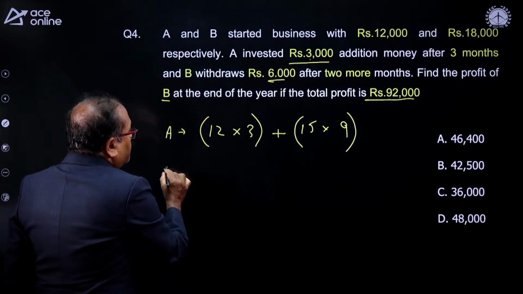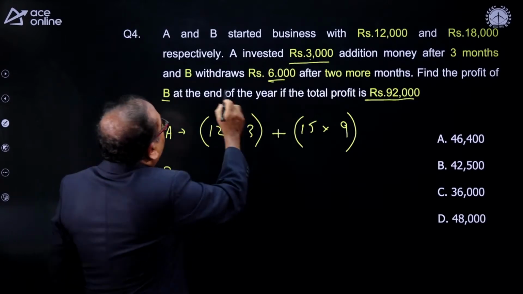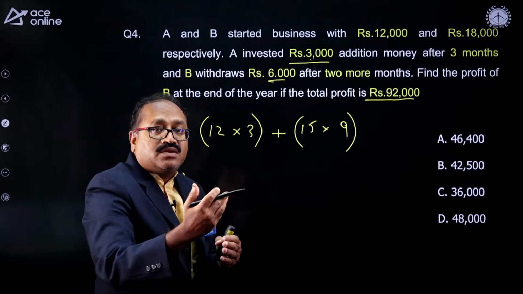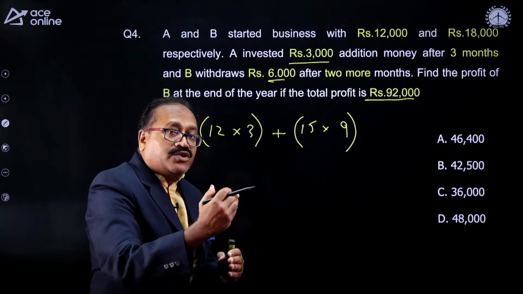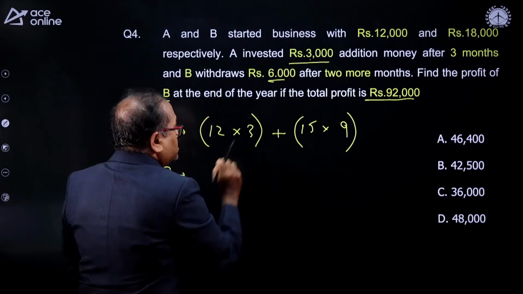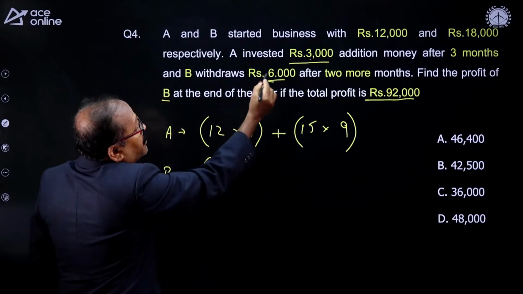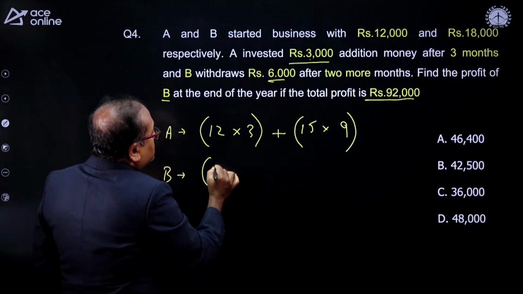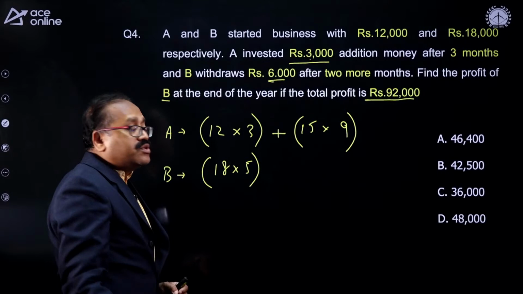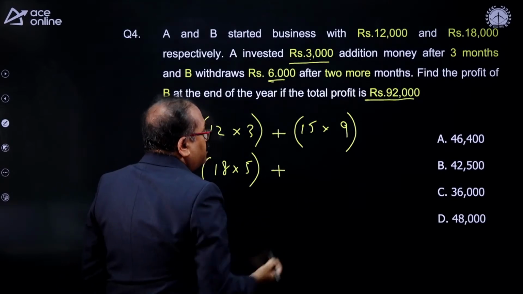Similarly, how about B? B withdraws 6,000 after 2 more months. After 2 more months, that means after 5 months, because there are 3 months already. So his capital 18,000 was there for 5 months. I am sure some of you will definitely answer the question.